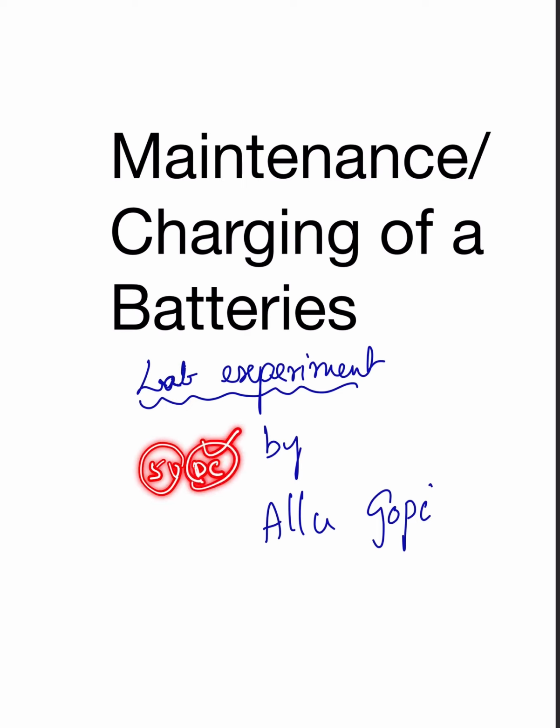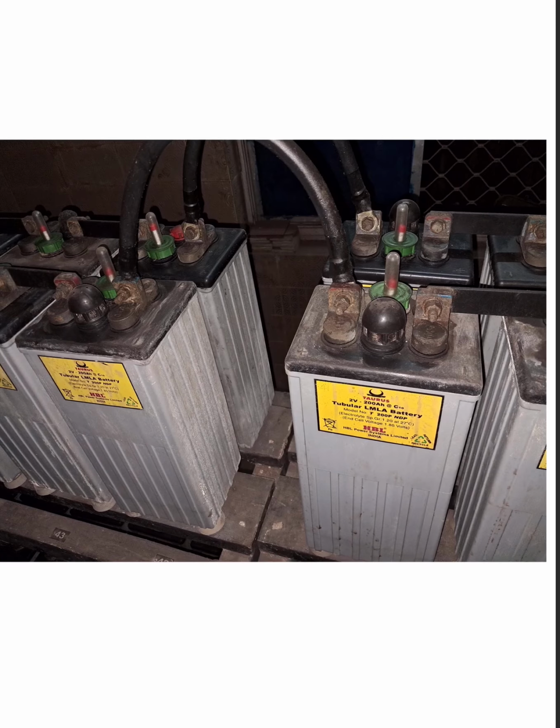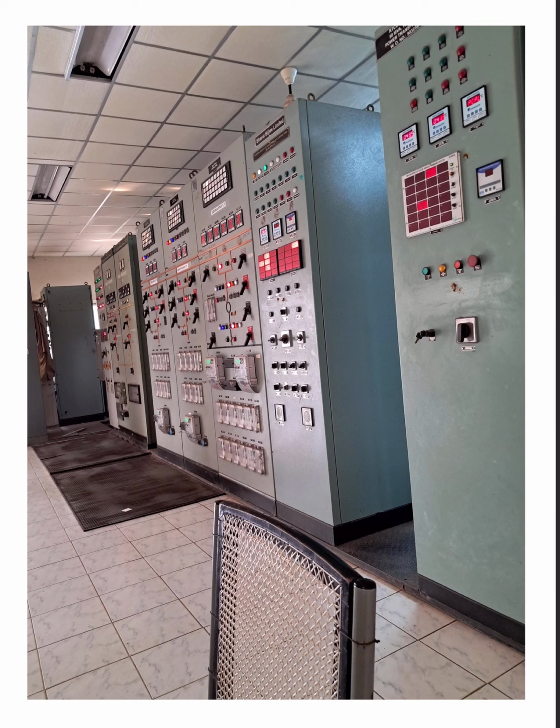This voltage comes from where? Battery bank. Now even in industry or in a substation, let's take as an electrical engineer, a substation. I took a picture. Okay, this is a substation. In a substation, equipment or control and relay panel, CR panel, control and relay.